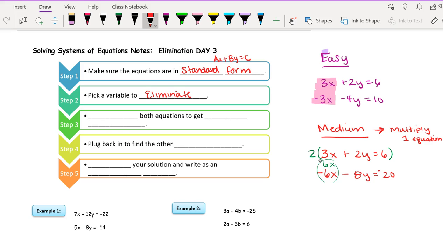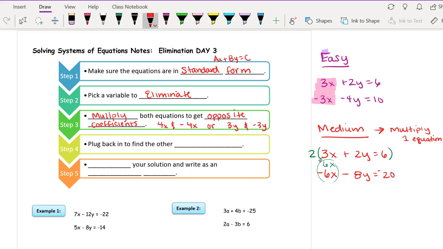Then you are going to have to multiply both equations to get opposite coefficients. So I want them to be the same number, different signs. So maybe a positive 4 and a negative 4, let's say it's x, or 3y and negative 3y.